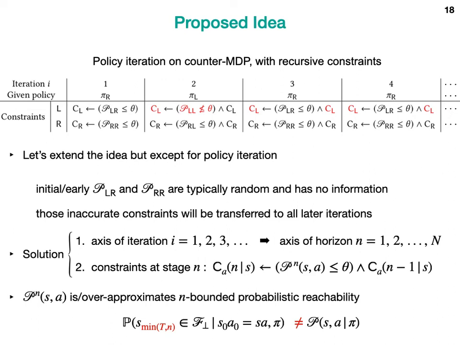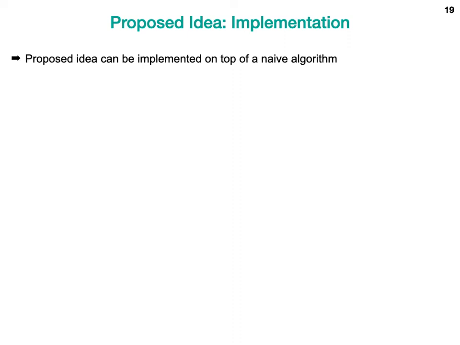This n-bounded probabilistic reachability is not the same as unbounded probabilistic reachability that we defined earlier. We'd like to mention that this proposed recursive constraint idea is fairly general in that it can be implemented on top of naive algorithms such as naive versions of value iteration, policy iteration, and Q-learning.